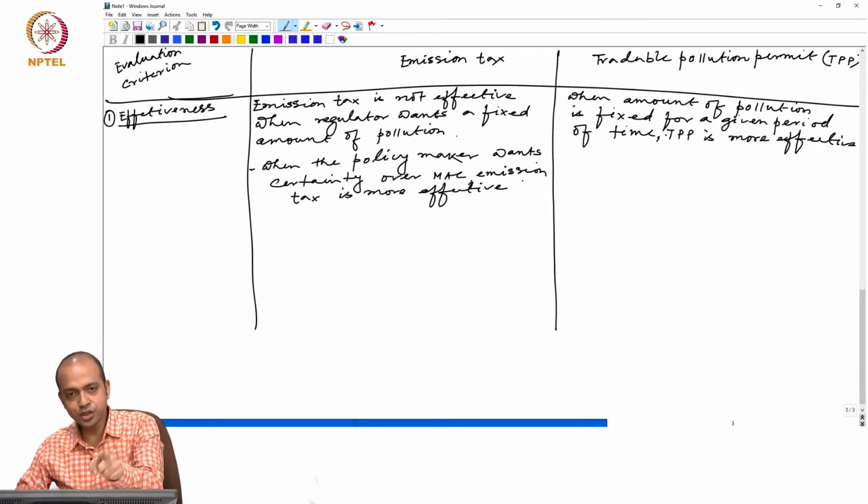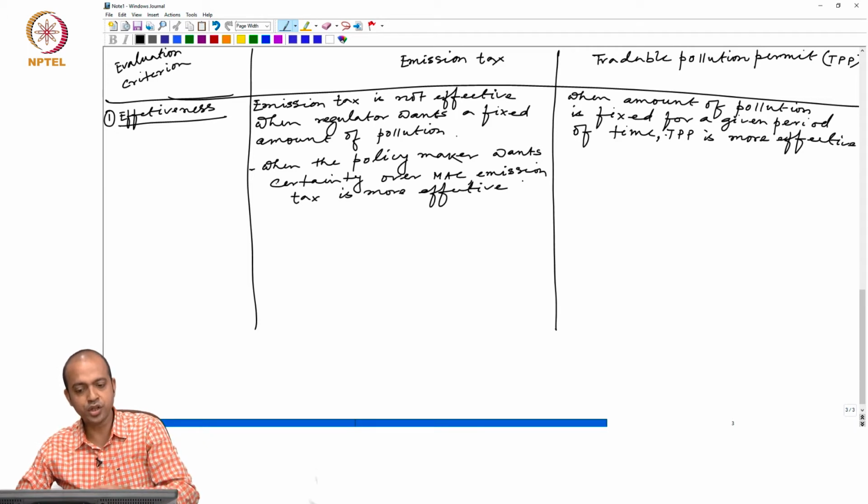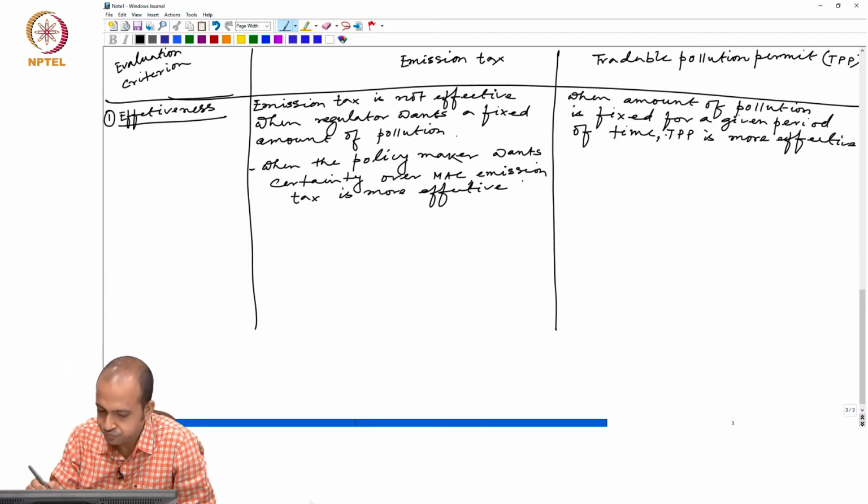Similarly, when the policymaker's objective is to design a policy which will ensure a fixed amount of pollution, tradable permit is preferred, not the emission tax.